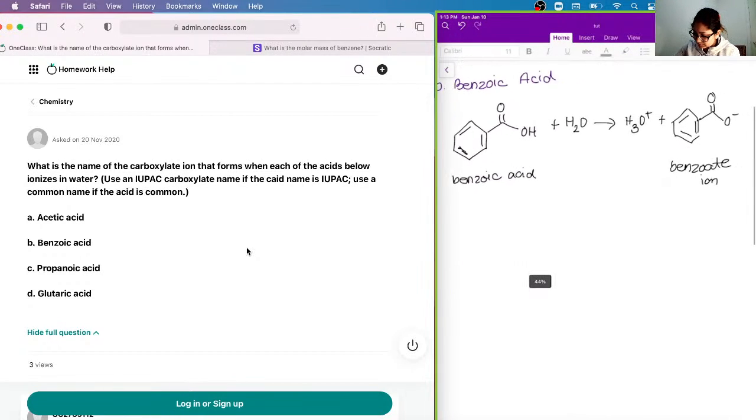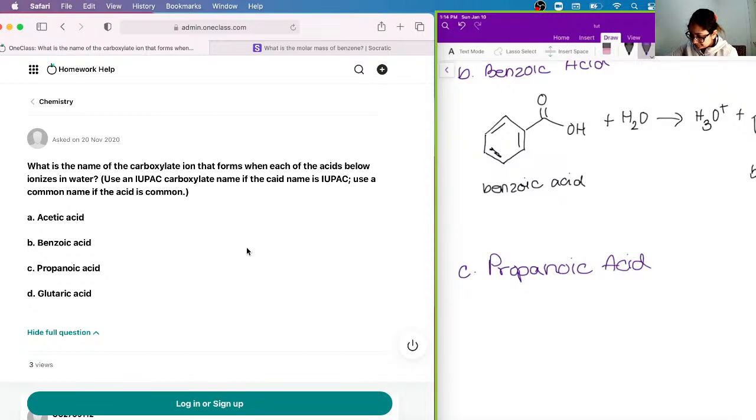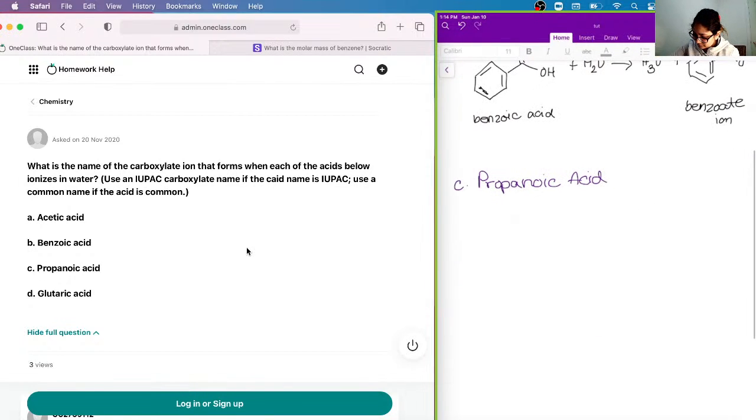The next one we have is propanoic acid. Let's draw this. Your propanoic acid is a 3-carbon chain because it has prop, and it looks like this.